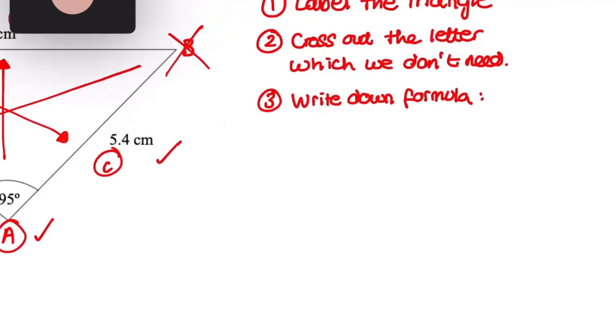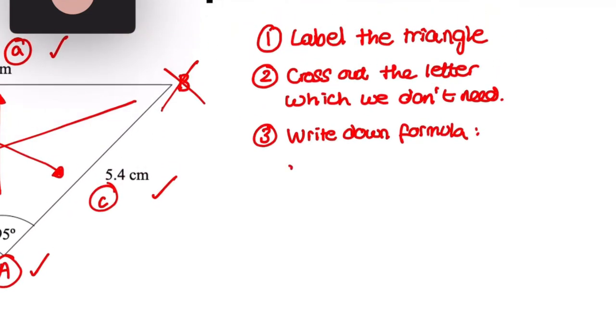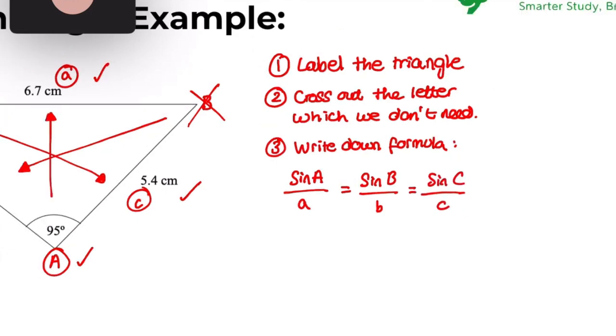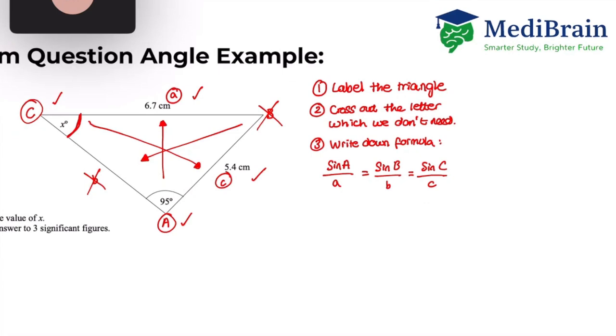So we're going to have sine A over A equals sine B over B equals sine C over C. Now, what have we crossed out? We've crossed out B, so we don't need this part of the formula. All we need is sine A over A equals sine C over C.